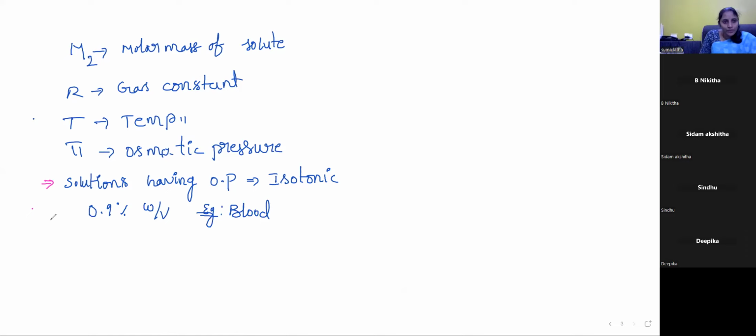Next one, the solutions which are having less concentration than 0.9 weight by volume are hypotonic solutions.